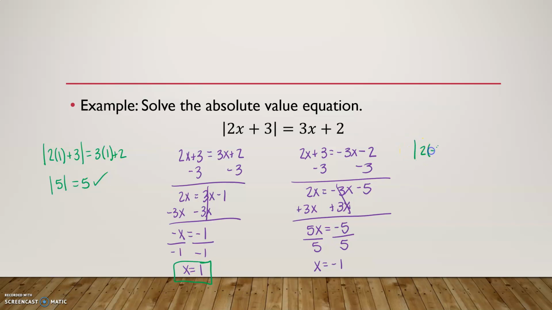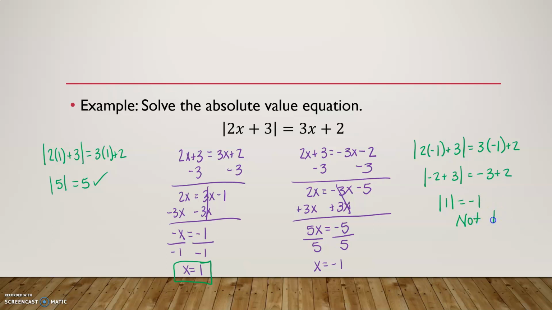Absolute value of 2 times negative 1 plus 3 equals 3 times negative 1 plus 2. So I'm going to have negative 2 plus 3 equals negative 3 plus 2. This would give me the absolute value of 1 equals negative 1. This is not true because the absolute value of any number has to be positive. So this is not true.